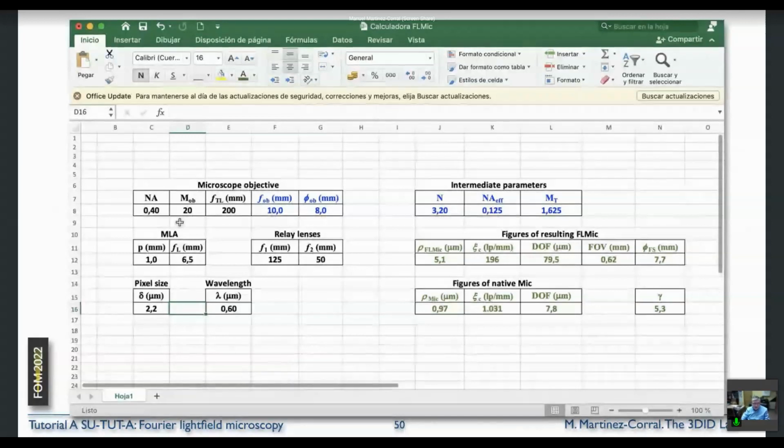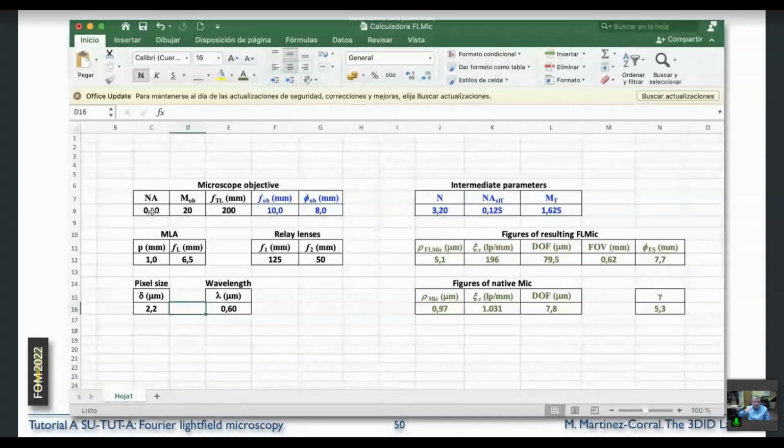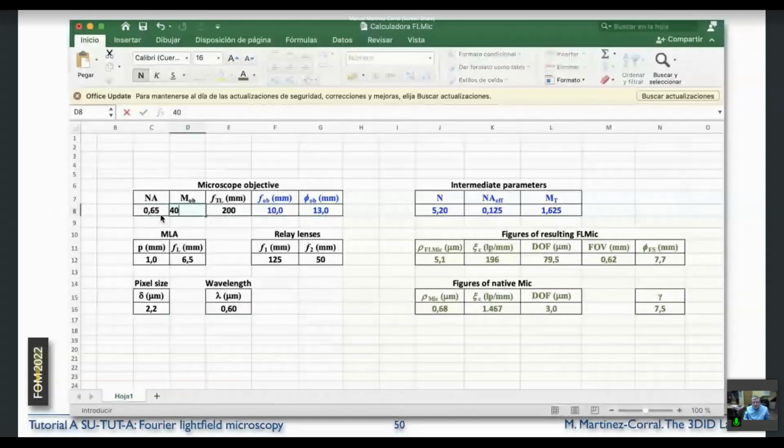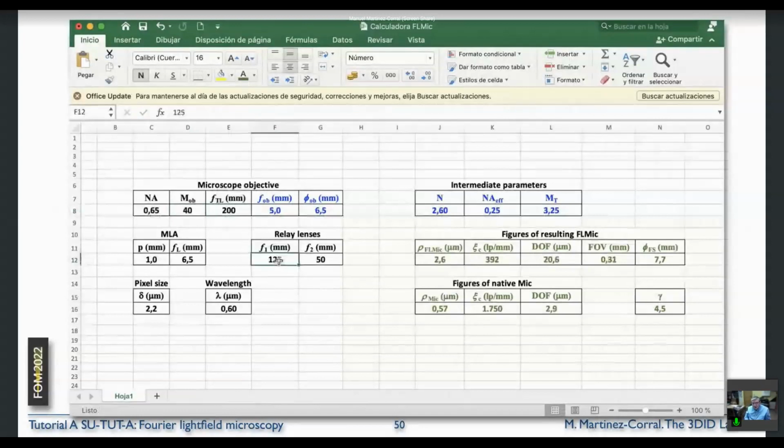And I have a movie here. For example, I can change the numerical aperture and the microscope objective, and then I see that the number of images is not good. Then I change the focal length of the relay lenses, and now I obtain the numbers I showed you before.